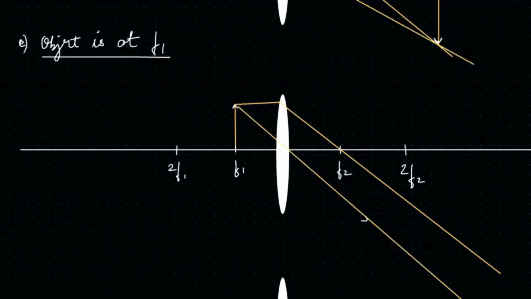Now, write down the properties of the image formed by the object which is at F1. So first property is image formed at infinity.